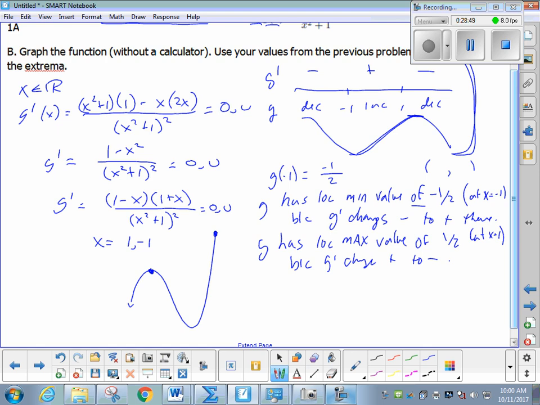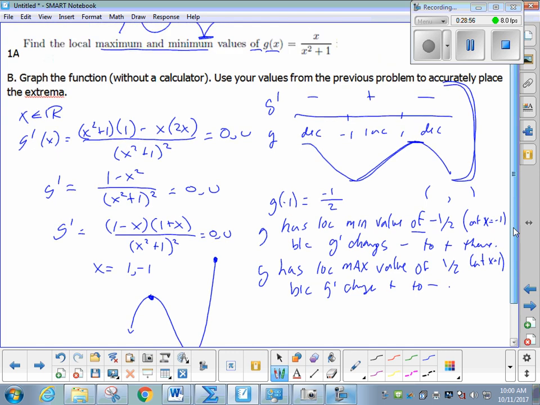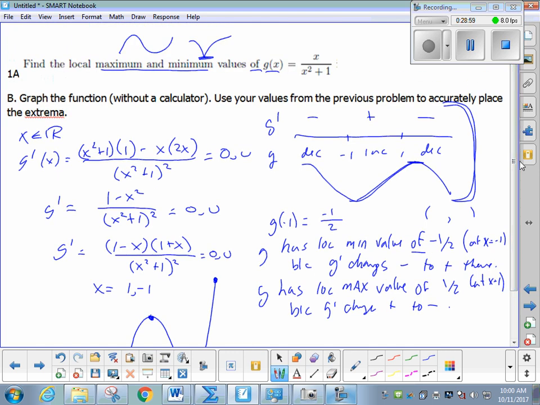Can you review the language that the question will ask if you need to find the y values or just the x values? So this is pretty common wording for when they want a y value. If they say, find the local minimum and maximum values of the function, then it's implied y values. They will often say, find the local max and min values of g and where they occur, in which case you're giving y and x, and coordinates would be okay, or this also would cover it.